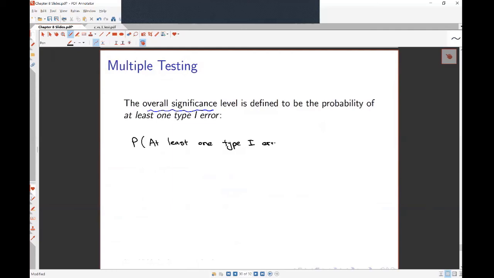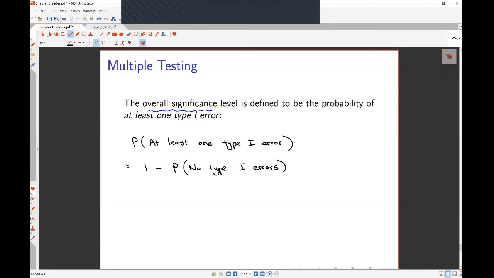In other words, what is the probability that if we're doing k tests, at least one of them, the null hypothesis is rejected when it should not be rejected? Well, this statement is equal to, if we take the complement, 1 minus the probability of having no type 1 errors.